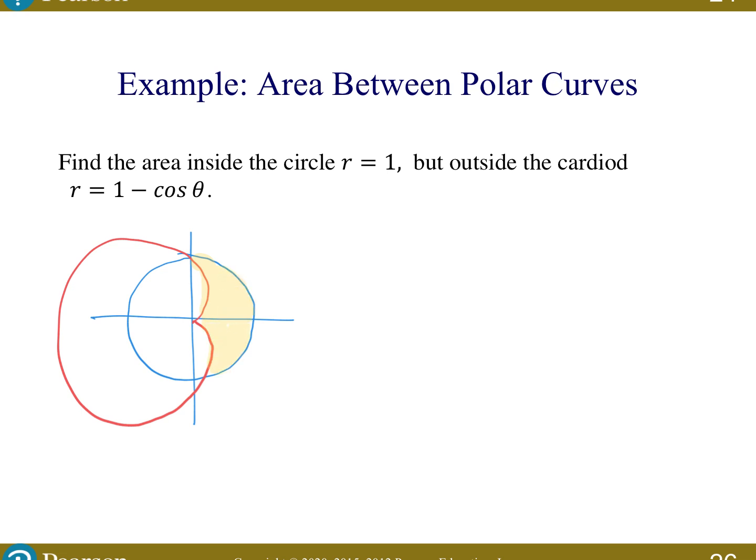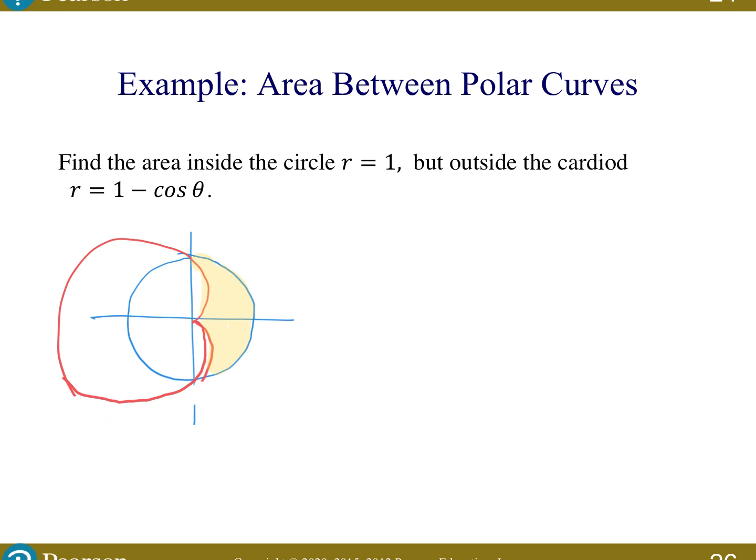It's in the circle, but not in the cardioid. I didn't draw my drawing, shoot, very good. It should have intersected more like that. Try to fix that a little bit.